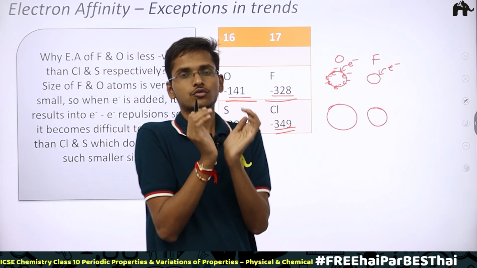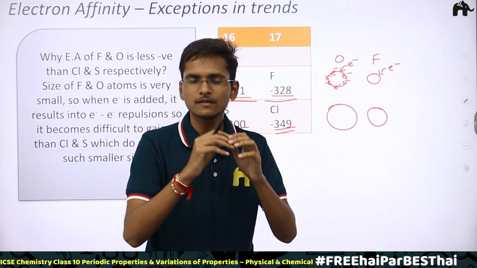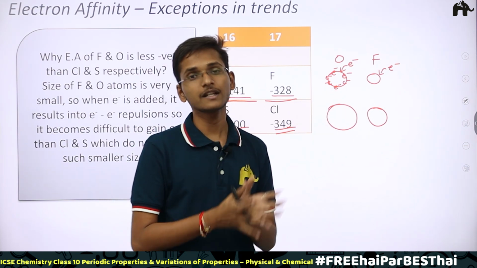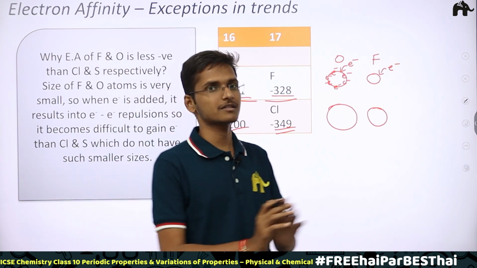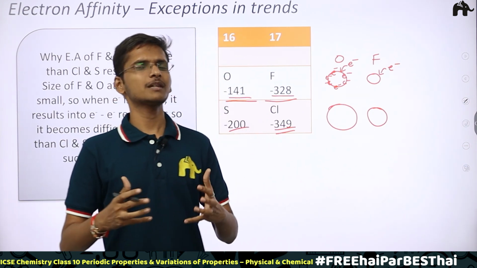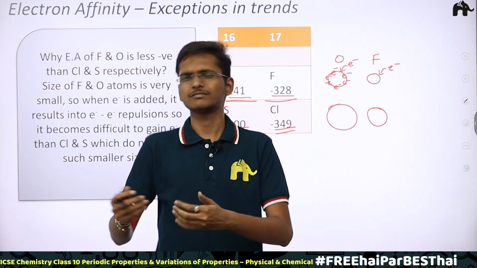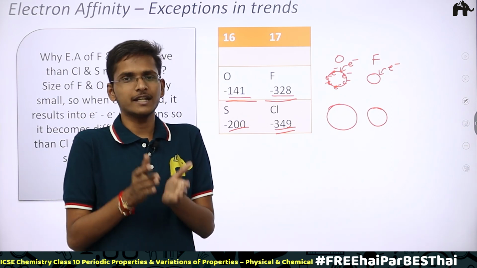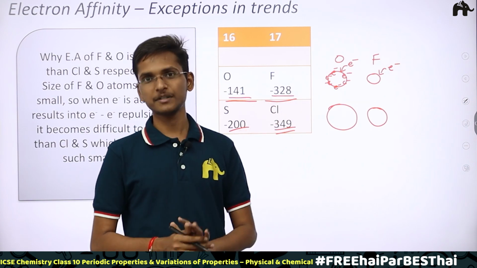Imagine you have a small room with 6 people already, and you push a 7th person in. There would be some repulsion. The 6 people won't like it: why is the 7th one coming now, when there is already very little space?